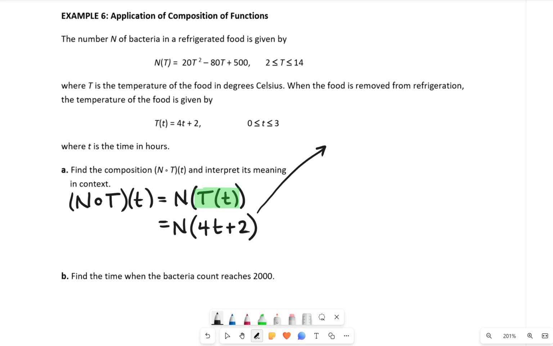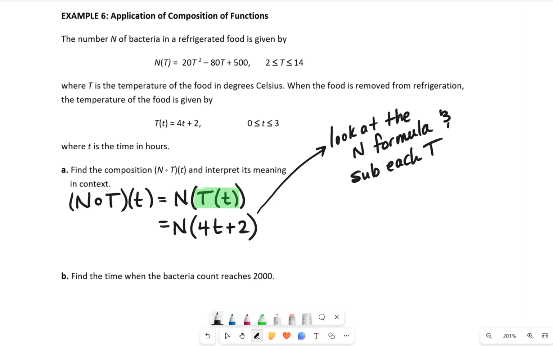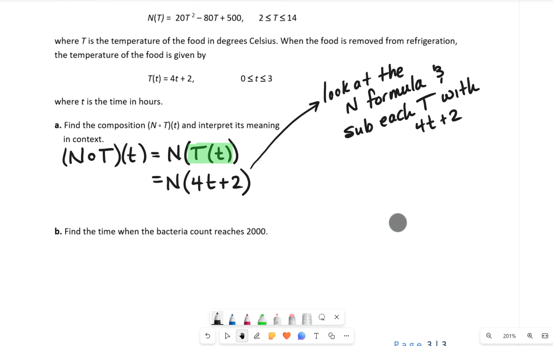Like we did on one of the first pages, we look at the n formula, and we are going to substitute each capital T with 4t plus 2. If you learn how to read that notation in layman's terms, you will understand what you need to do.